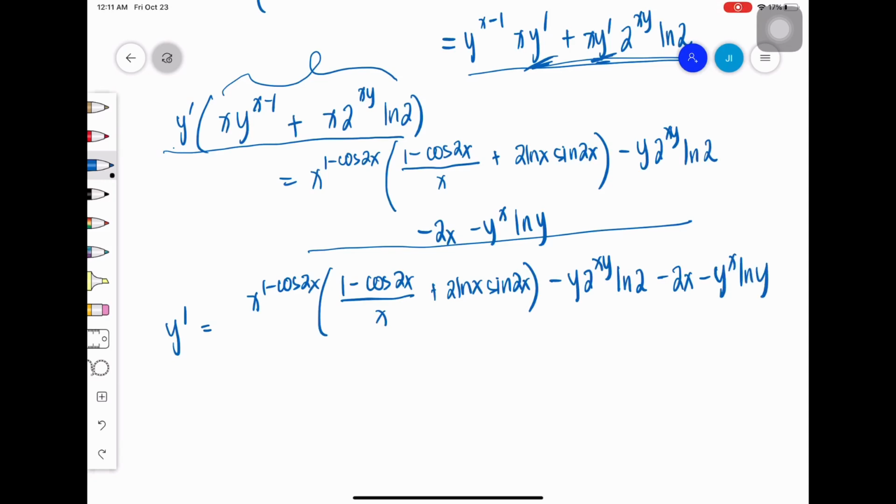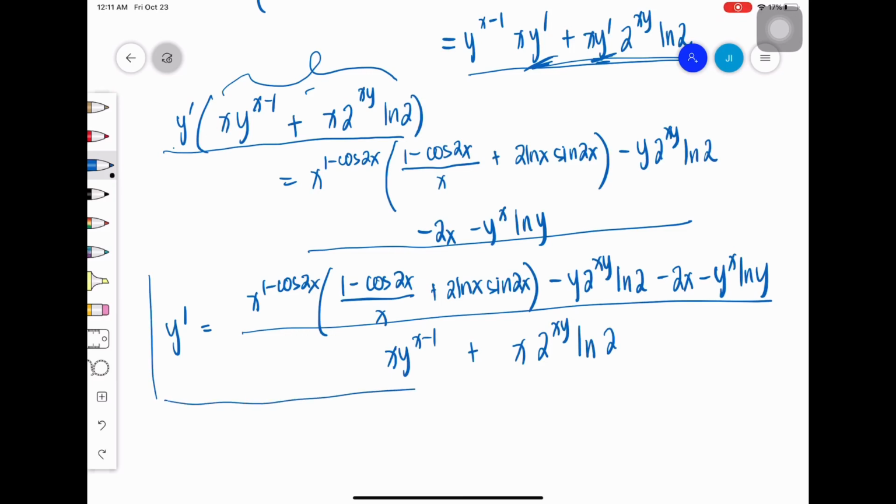That's for the numerator divided by this thing here. No? X y raised to x minus 1 plus x times 2 raised to xy ln 2. So this answer here is already acceptable for our course. Okay?